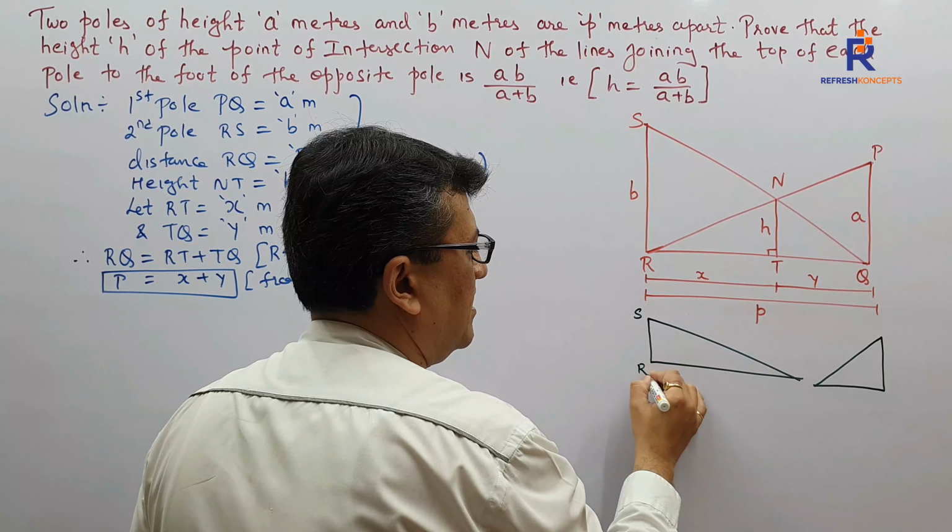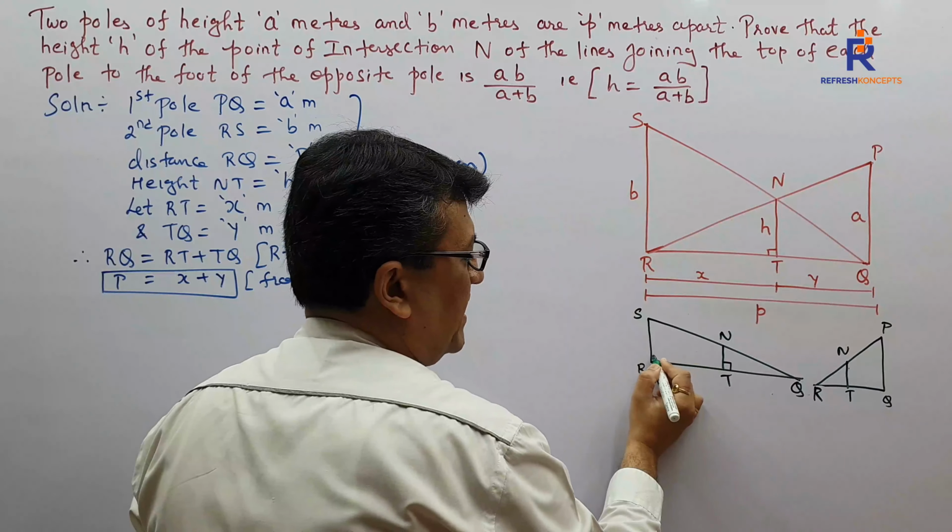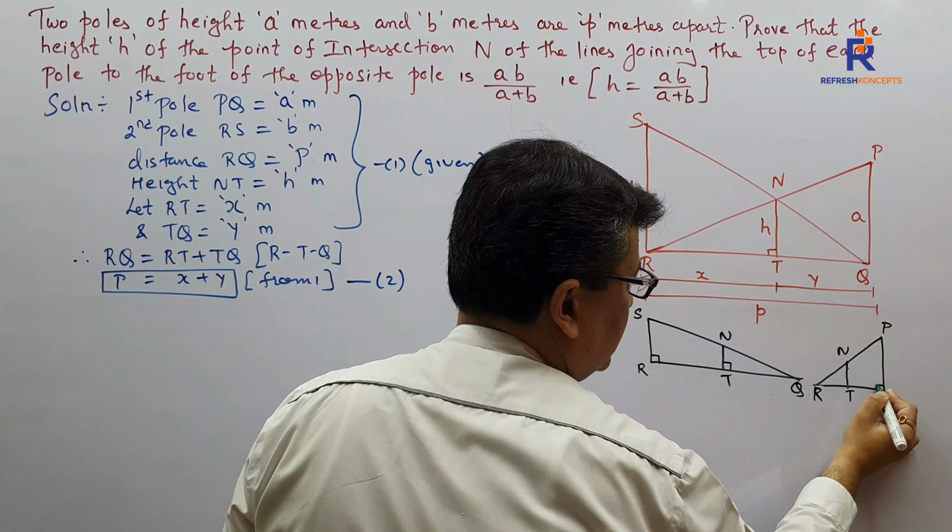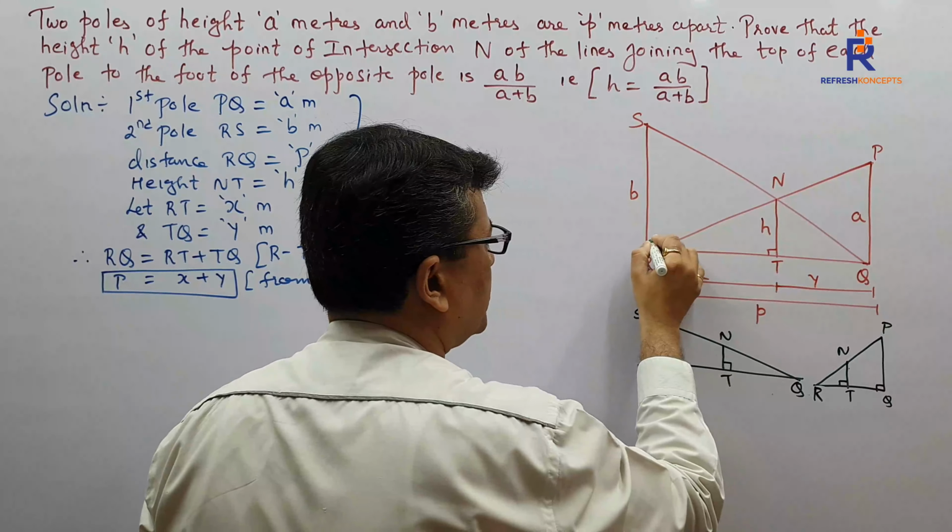Since this is a height, can I say this is 90? Always, the poles are perpendicular. This is also 90, this is also 90. If you want, you can jot this down here also. Right, children? What next? Can we prove triangles SRQ and NTQ similar by AA test? What makes us say AA test?